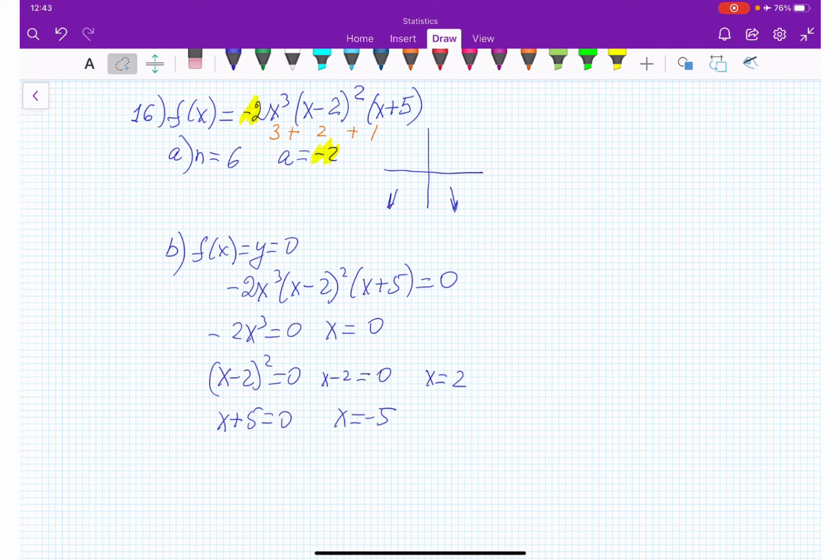Now let's put multiplicity. In this case, multiplicity is going to be 3. Here, multiplicity is going to be 2, and here is going to be 1.